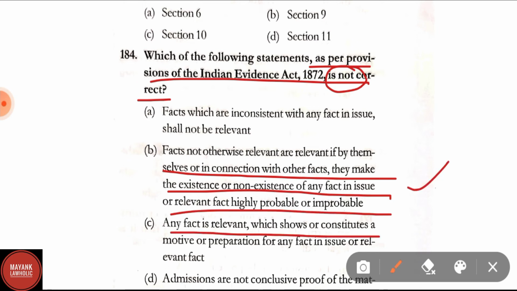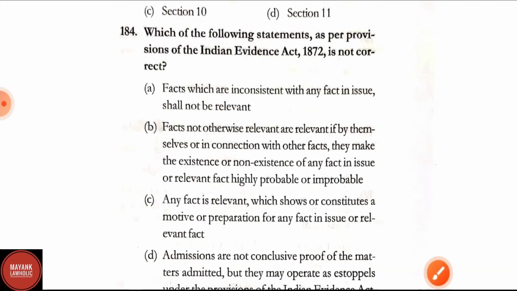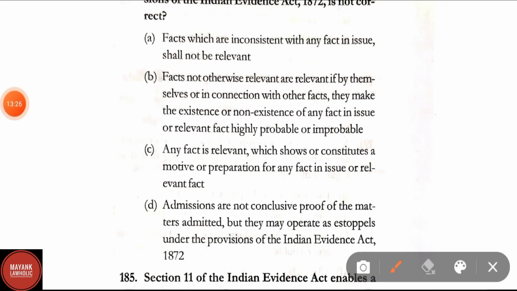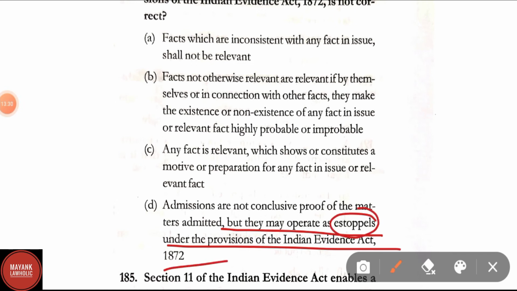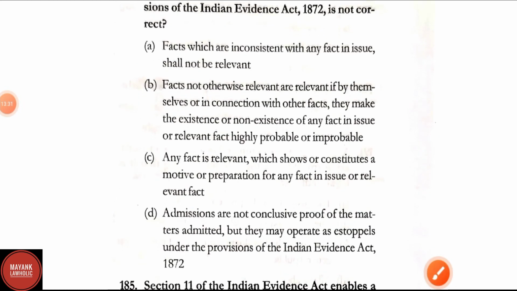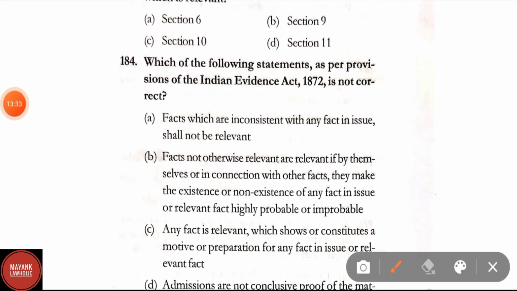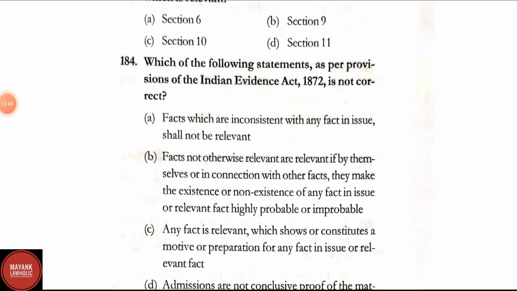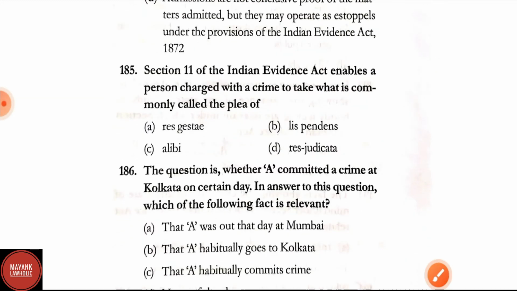Option C, any fact is relevant which shows or constitutes a motive or preparation for any fact in issue or relevant fact. Option D, admissions are not conclusive proof of the matters admitted, but they may operate as estoppels under the provisions of the Indian Evidence Act 1872. Here options B, C and D are correct. In this question, it has been asked which of the following statements as per the provision of Indian Evidence Act is not correct. Option A is not correct, therefore it will be the right answer in this question.